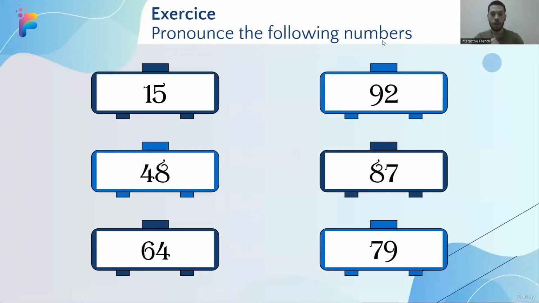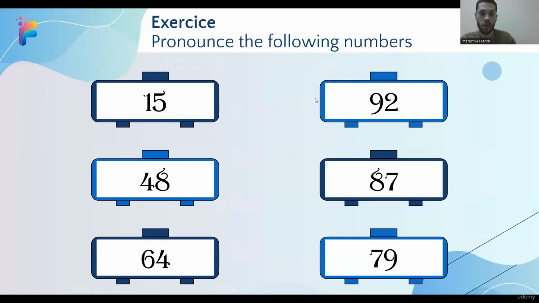Now, try to pronounce the following numbers: 50, 92, 48, 87, 64, 79. Try to pronounce them in French, out loud. So you think you can do it? You can pause the video and try to pronounce them yourselves. Go ahead.